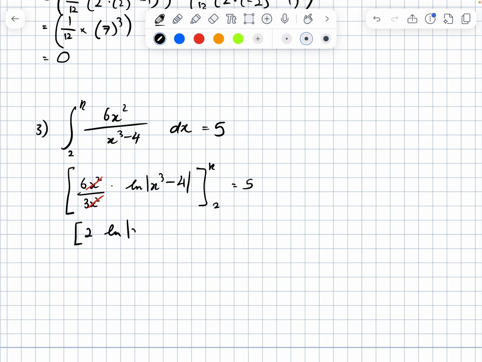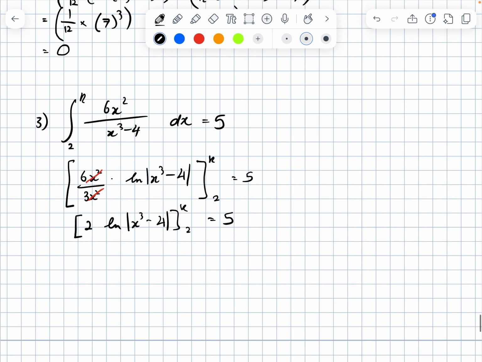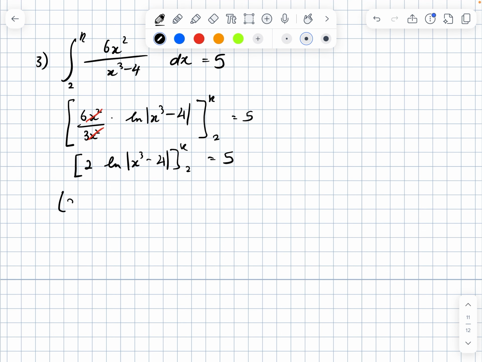Ln x cubed minus 4 between k and 2 equals 5. Now I'm going to introduce my limits. I have 2 ln k cubed minus 4 minus 2 ln 2 cubed minus 4 equals 5.